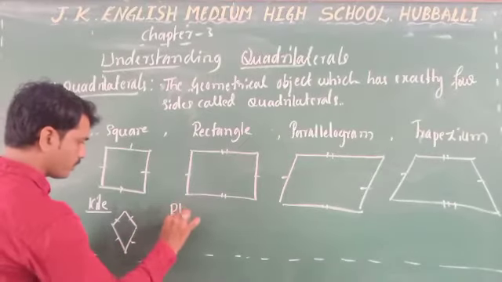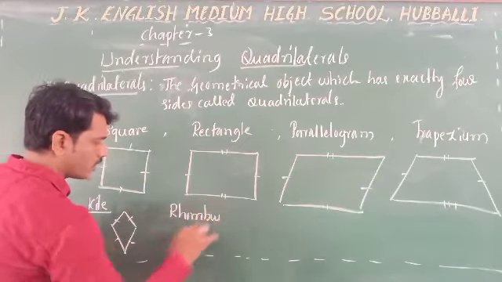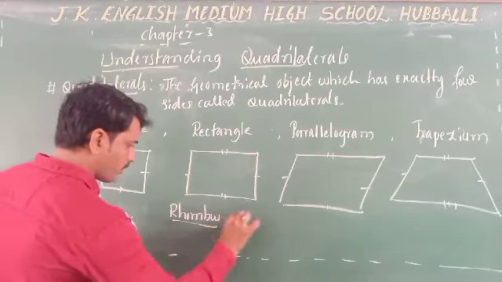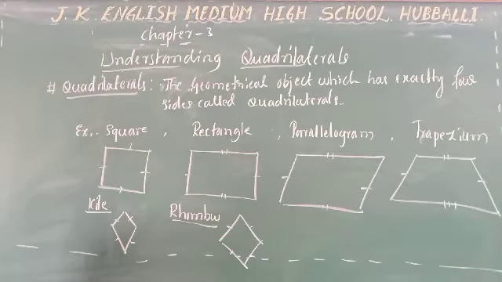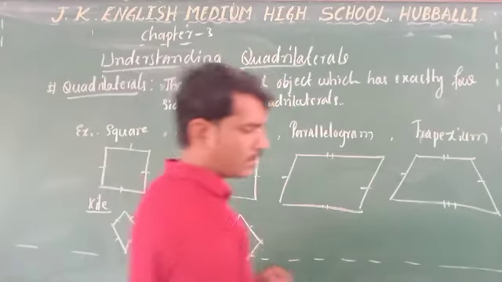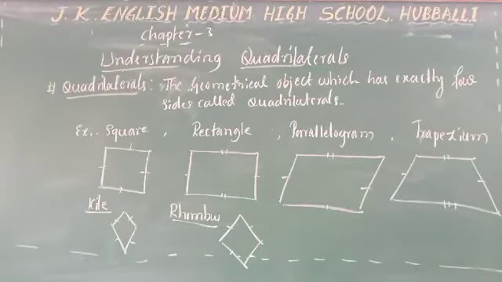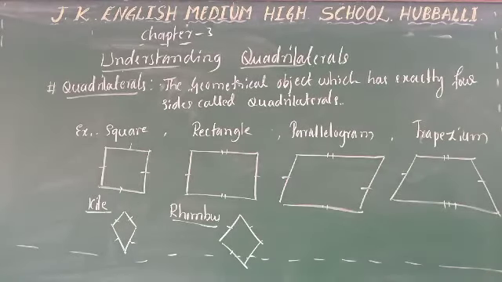Next term, rhombus will come. Rhombus is also one of the quadrilaterals. Clear, children? These are the quadrilaterals: square, rectangle, parallelogram, trapezium, kite, rhombus. So total how many sides are there? Exactly 4 sides. Cleared? Okay.